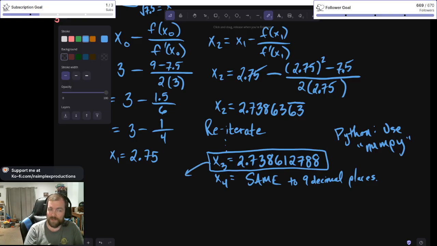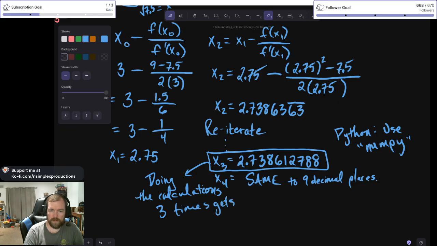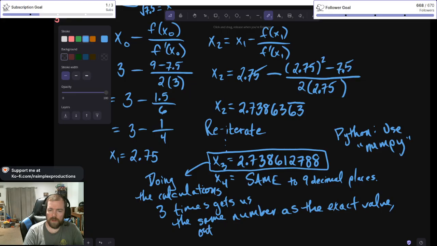So in 3 iterations, like doing the calculations 3 times, gets us the same number as the exact value out to 9 decimal places.